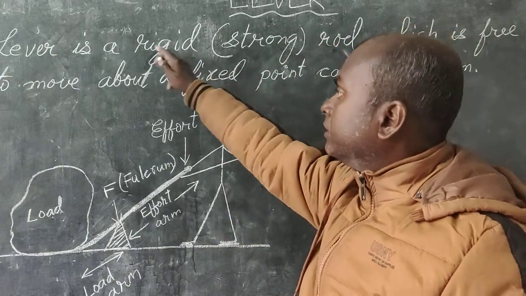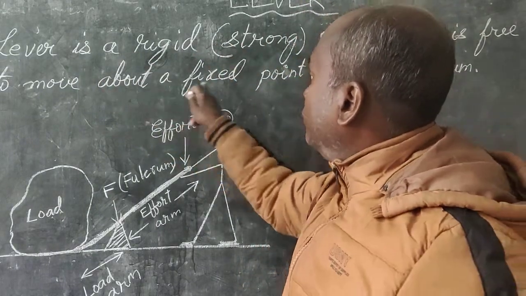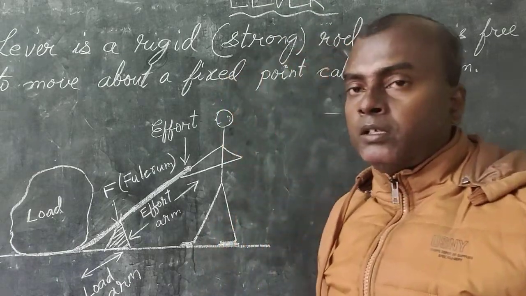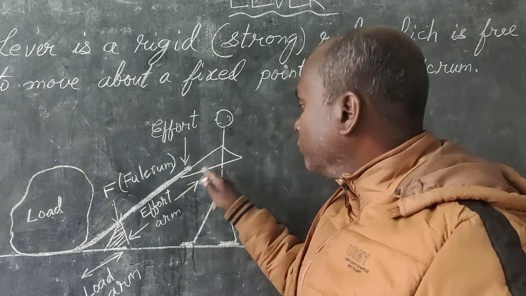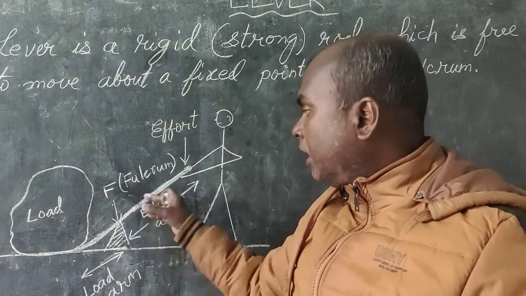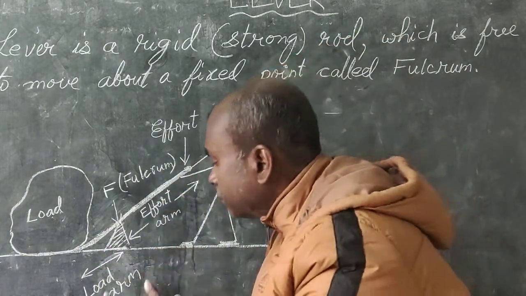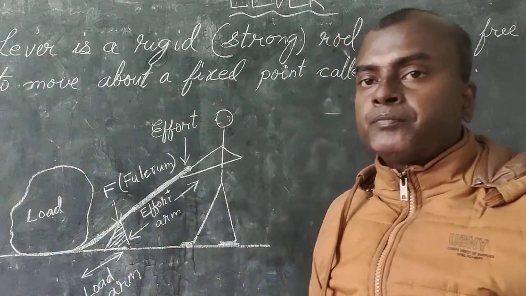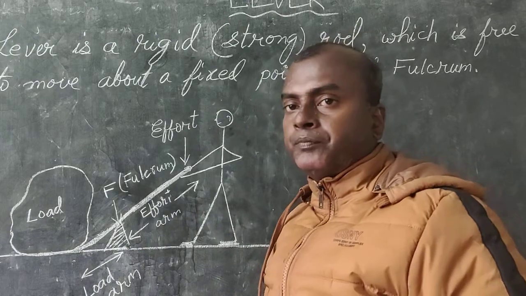So the lever has to be rigid, which is free to move about a fixed point called fulcrum. Now what is this fixed point? This is the fixed point. You see, without this fulcrum, or without this object which is under the lever, the lever is underneath. Without it, you will not have the leverage. You will not have the capacity of lifting the stone.